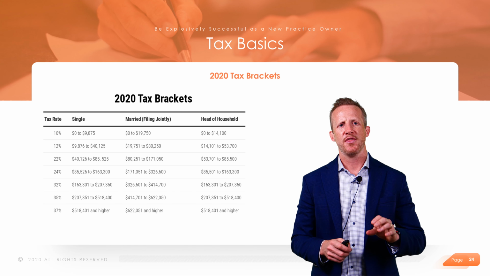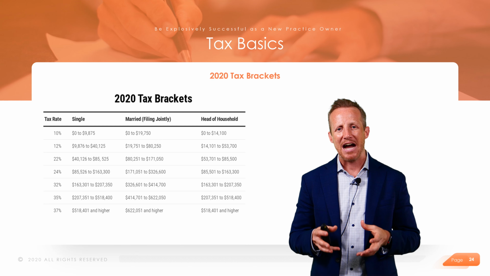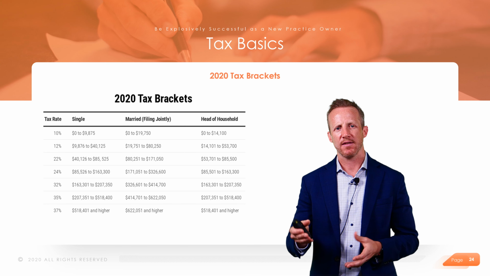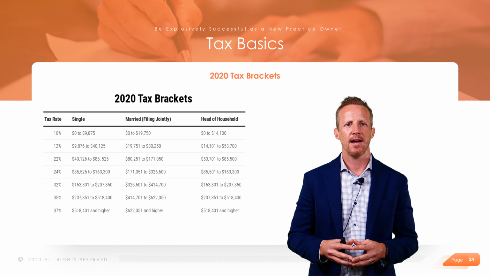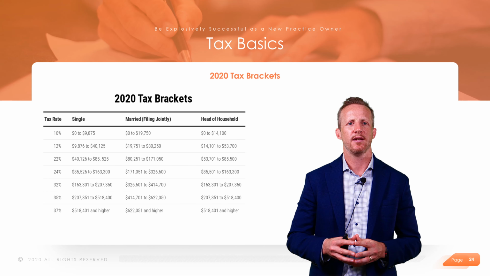Now remember, this is the amount after calculating your itemized deductions and everything, and you finally land at what is your taxable income. And this is what it is. It's actually at 10% between $0 and $19,750. So the max you would have to pay on that is going to be 10% of that $19,750.